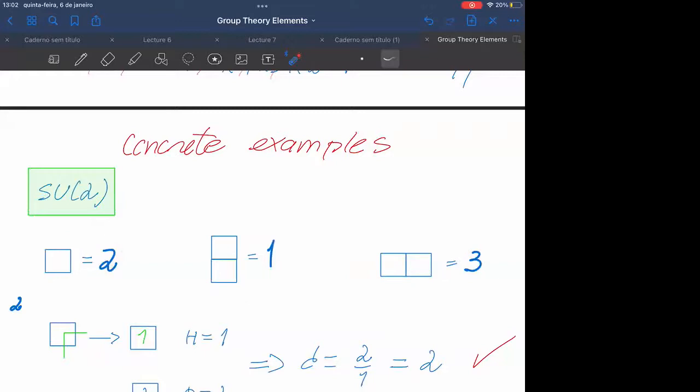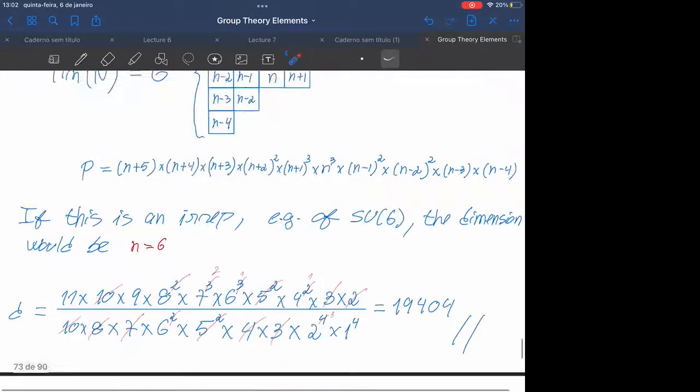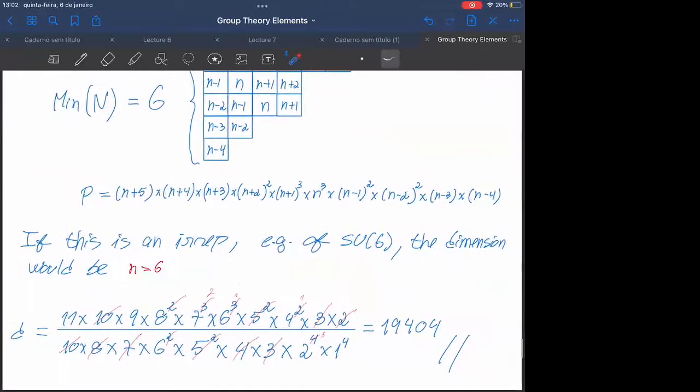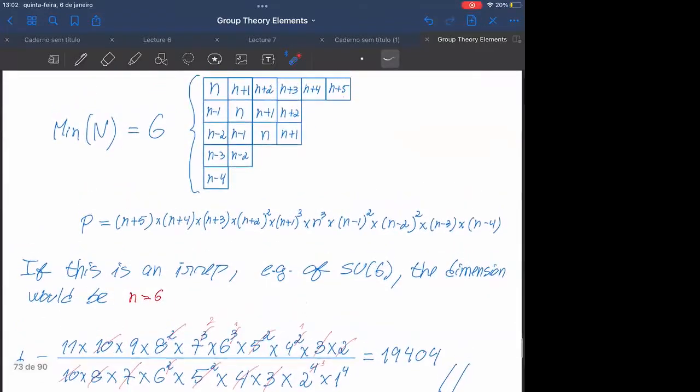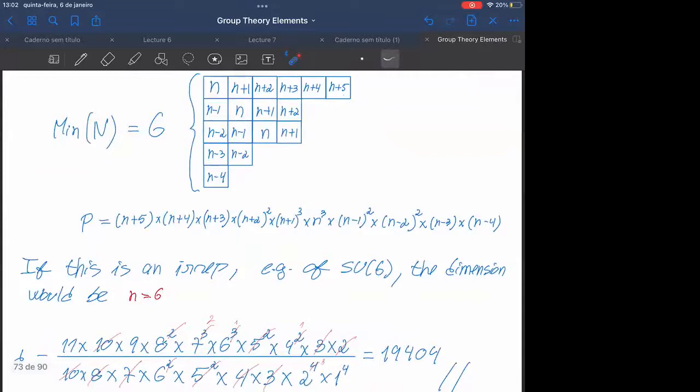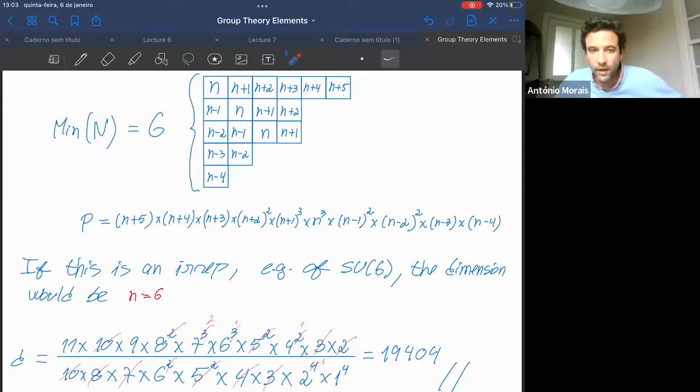Sorry, I have a question about the previous slide. Yes. When we create this table, is the shape of the tableau fixed, or could we have just a row and then we just have n factorial? Yes, exactly. It depends on what representation you are taking care of.